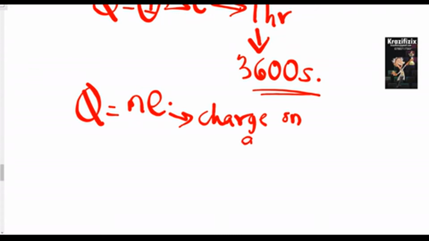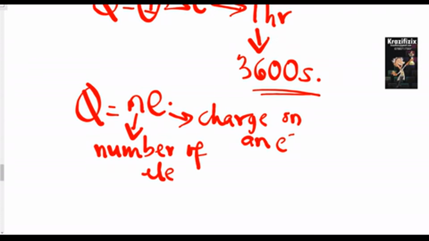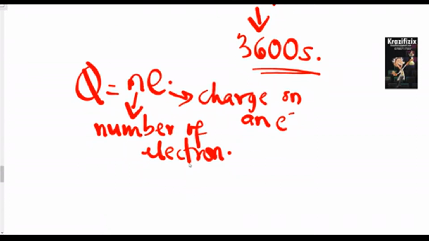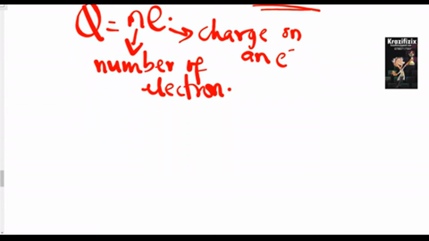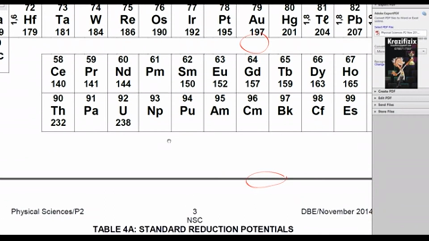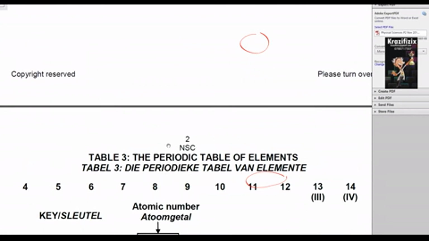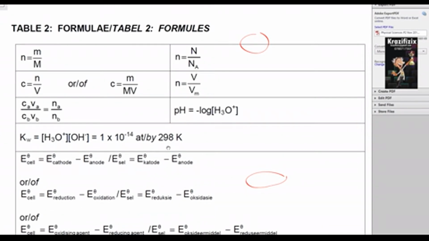We'll see that from the table. And N represents the number of electrons. This is charge quantization in grade 10. Q equals NE. Now, how are we going to get our N? I want to take you back to the formula page in your paper 2. There is a formula there.